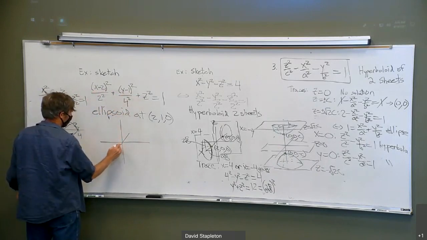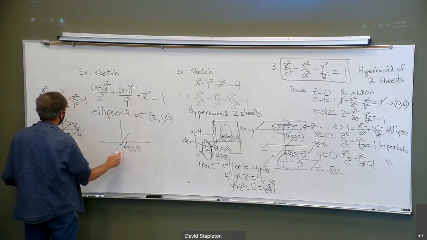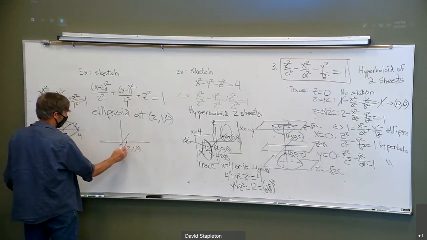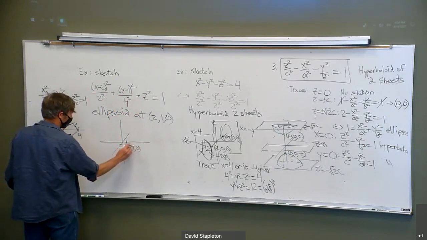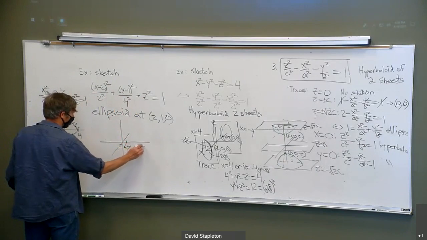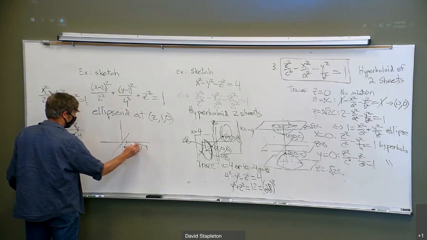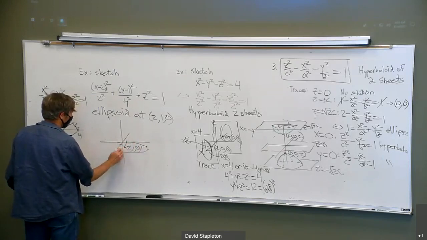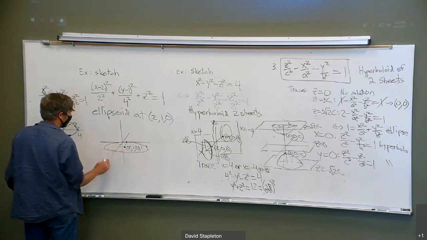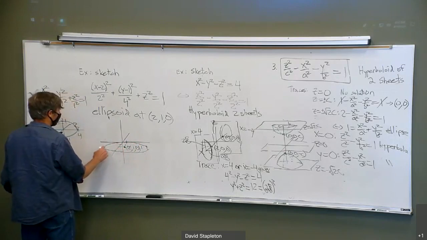So I go 2 in the x direction, 1 in the y direction, and here in the xy plane is this point, 2, 1, 0. I draw exactly the same shape. Centered here, I go over 1, 2, 3, 4. I go 2 in the y direction, so I get this kind of equator.